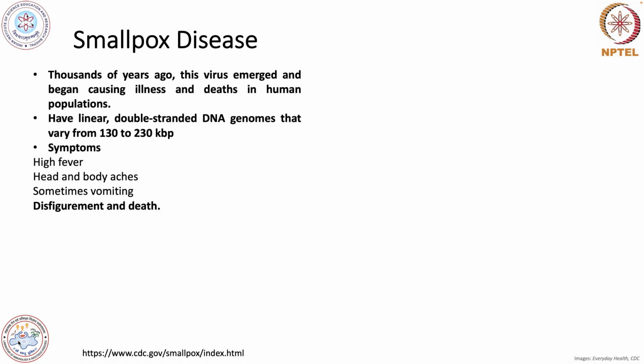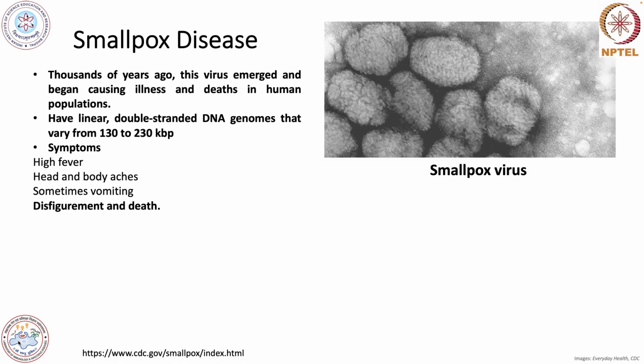It's a highly infectious virus; we call it contagious. This virus causes a variety of symptoms such as high fever, head and body pain. Sometimes it causes vomiting, and in the worst scenario it causes disfigurement. Here you can see an electron micrograph of the smallpox virus.